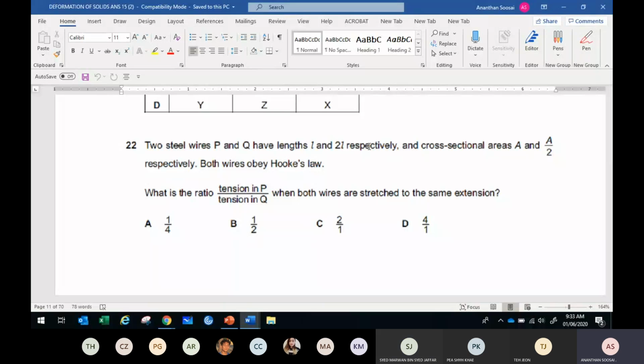Come on, B or D? Getting more answers for D. Many are giving me D, I think the majority. Okay, let's see. Is it D?